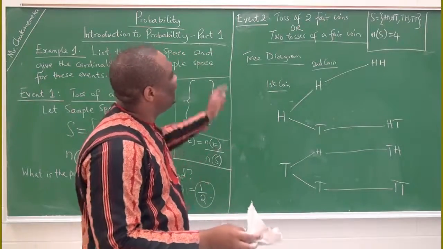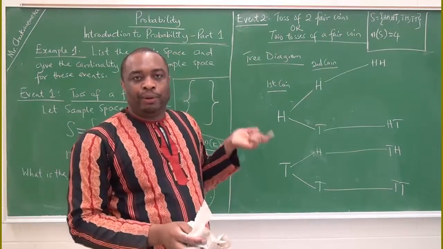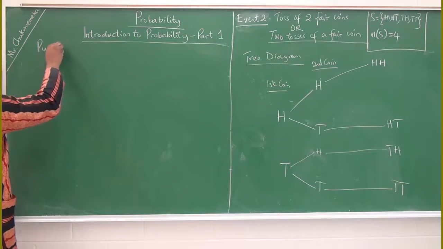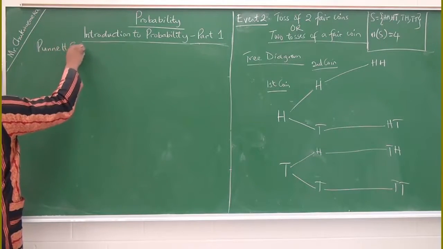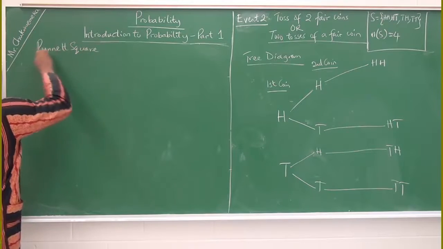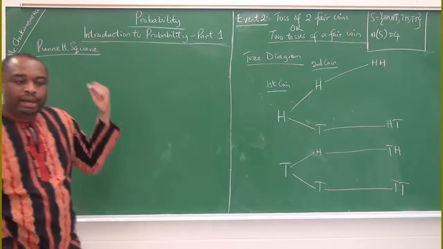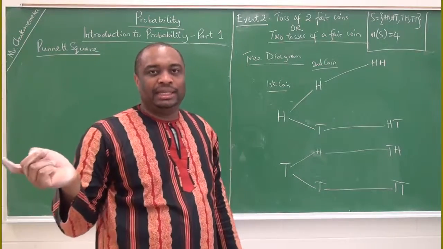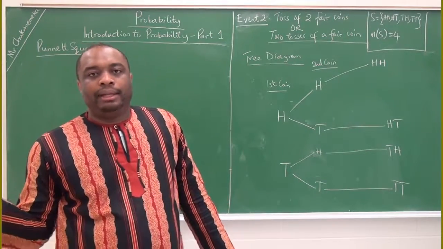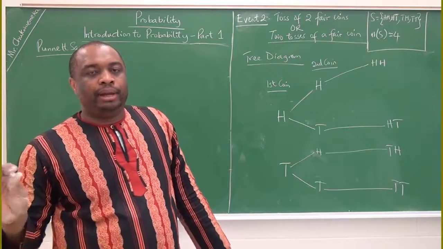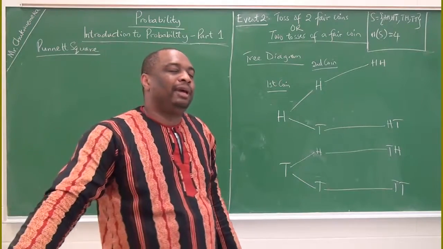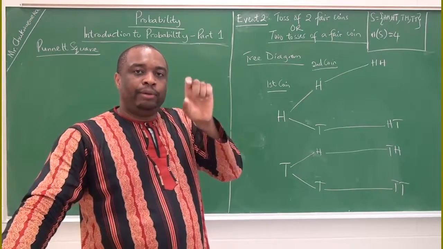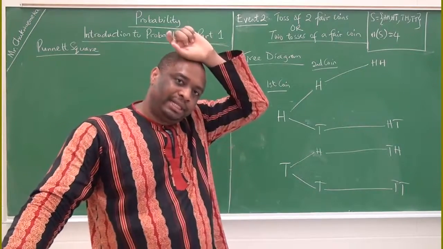Okay? Now this is with the tree diagram. Let's do it with a Punnett square. And how did this Punnett square come about? When you did the study of genetics in your biology, the law of segregation of genes, Gregor Mendel's laws, Mendelian laws of genetics.